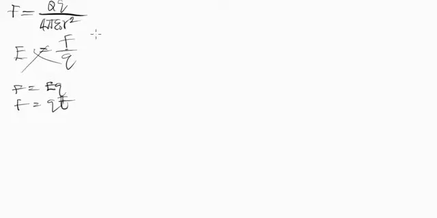So here now we have two equations. L is equal to Q times Q over 4 pi E naught R squared, and L is also equal to Q times E. So let's go ahead and wipe these parts.